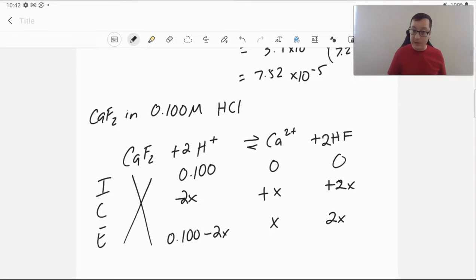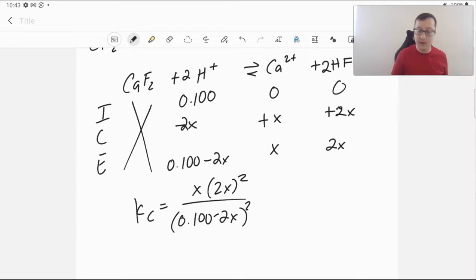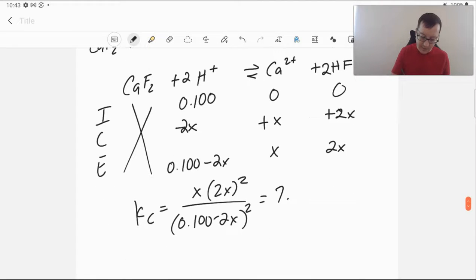So the equilibrium constant for this, Kc, would be equal to X times 2X squared over 0.1 minus 2X squared. Again, a pain to go and figure out on your own, right? Wolfram Alpha to the rescue. And of course, this would be equal to the equilibrium constant that we calculated, 7.52 times 10 to the negative 5.